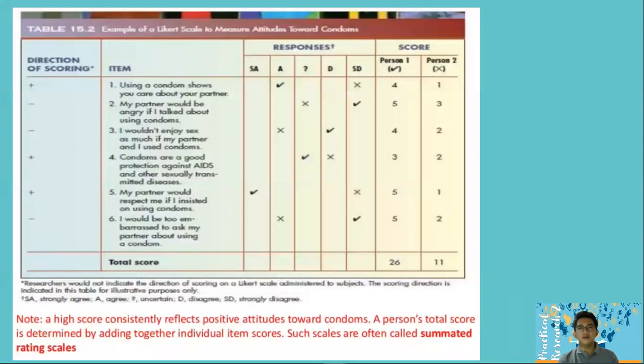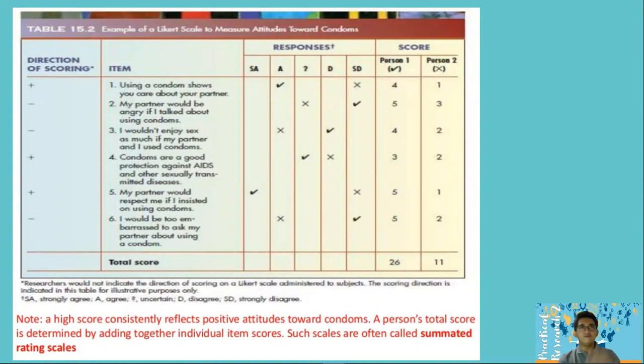And then the most common or most widely used scaling technique, we have the Likert scale. It consists of several declarative items that express a viewpoint on a topic. The respondents are asked to indicate the degree to which they agree or disagree with the opinion expressed by the statement.